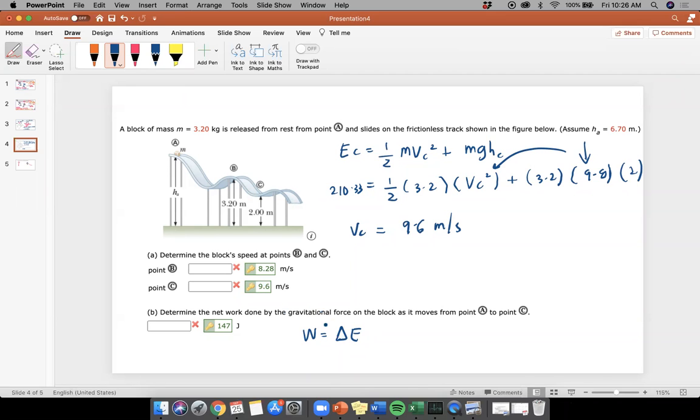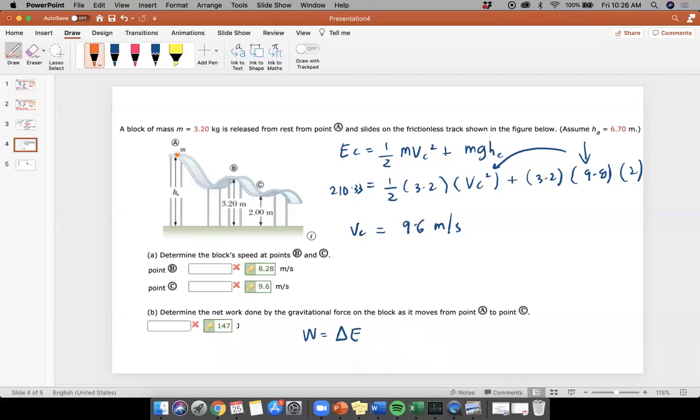So we can calculate the change in energy based on KE or based on UG, because the change will be the same. Okay, let's try this. But here it is asking you for gravitational force, so let's do gravitational.